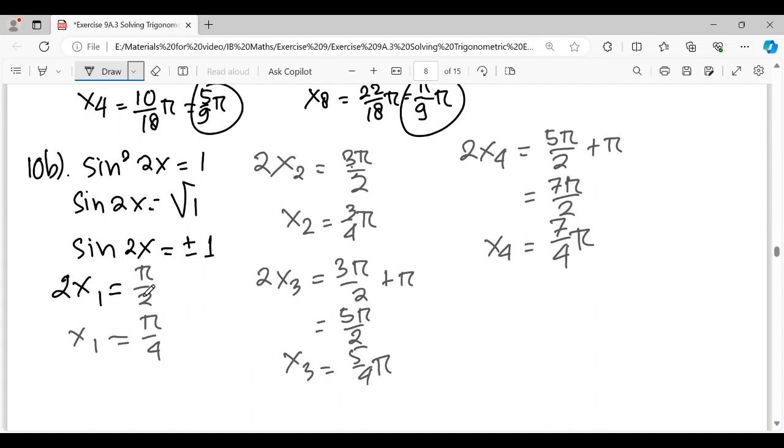So it means x has 4 values: 1, 2, 3, 4. If you calculate x5, you're going to find that it is over the interval. So therefore x has just 4 values.